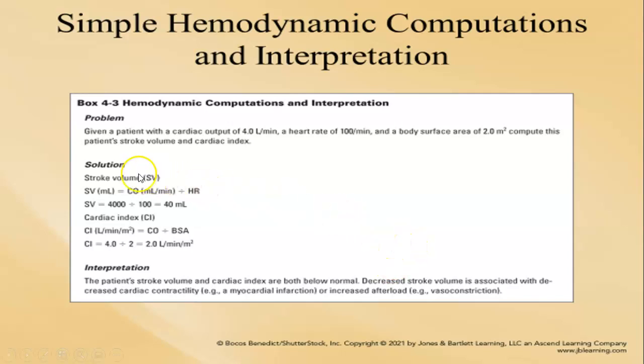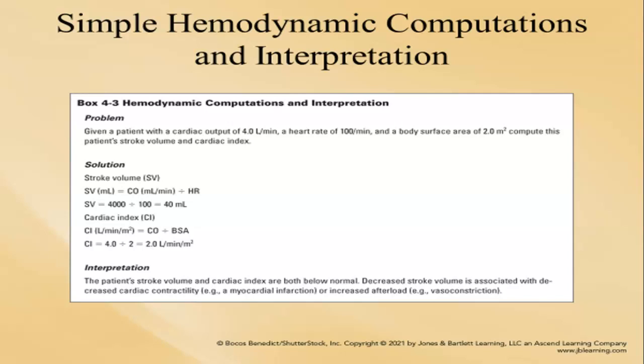But this shows you how to calculate stroke volume: cardiac output divided by heart rate. The stroke volume is in milliliters per minute. So you're used to seeing the cardiac output written as liters, so you want to go ahead and multiply by 1,000 and get that into milliliters.